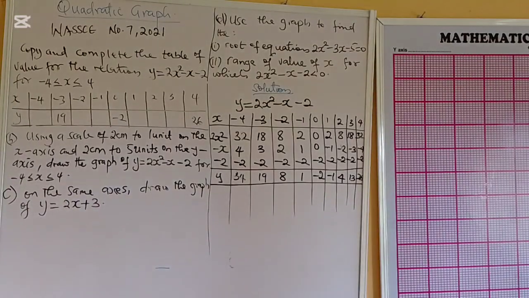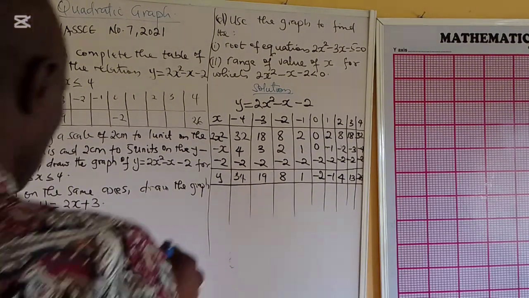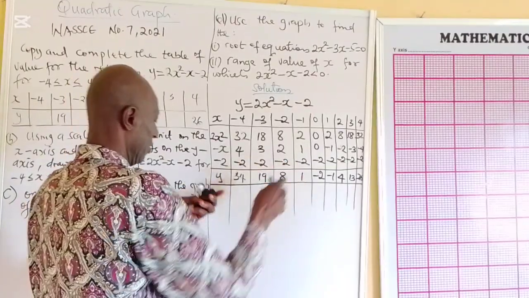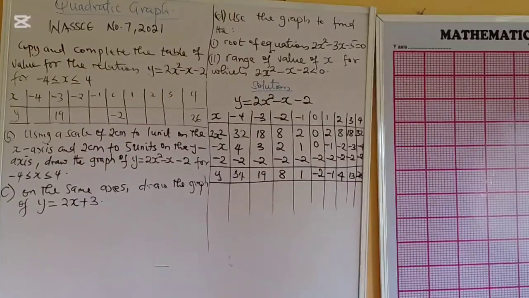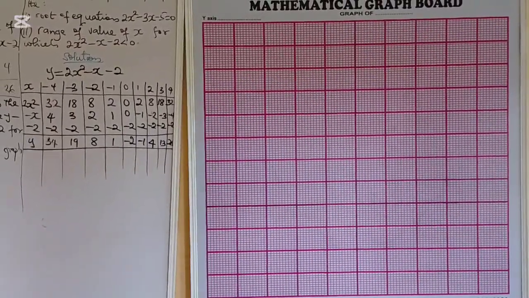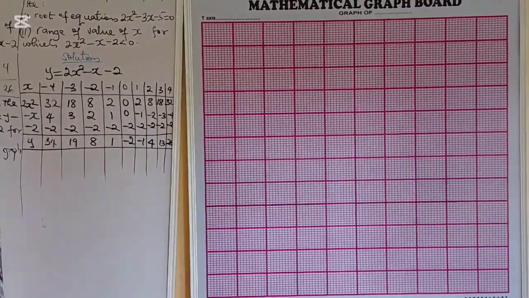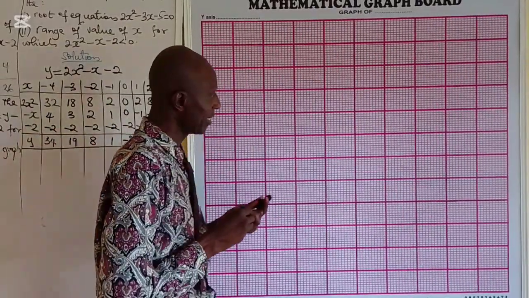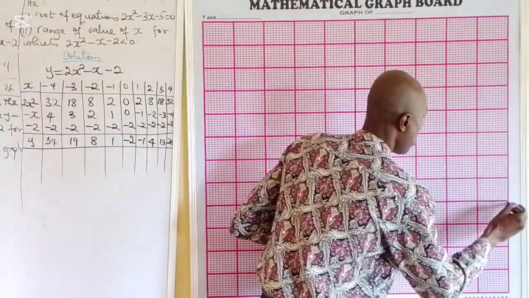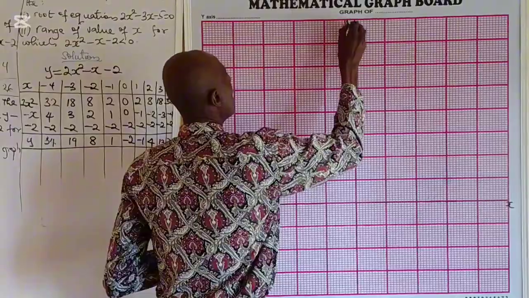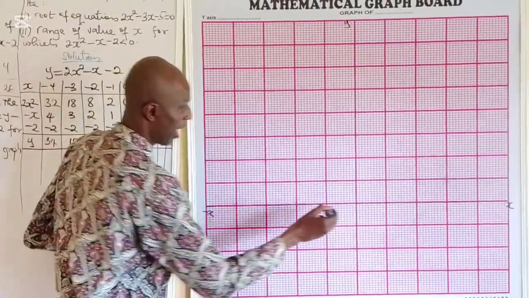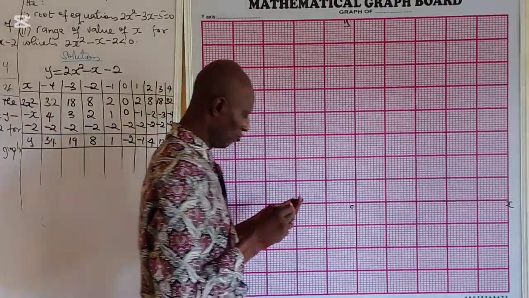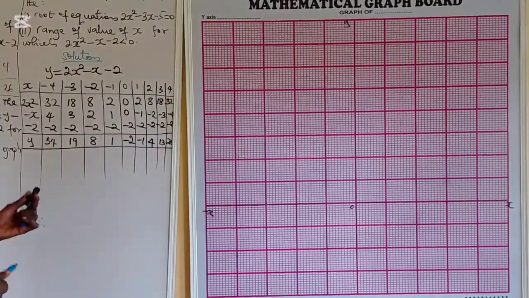So now our duty is to plot the graph. We are going to use this table to plot the graph. Now we are taking the scale. On the x-axis, look at my x here, and my y here. Here is minus x, this down is minus y, and this is the 0 point. So 2 centimeters represent 1 unit on the x-axis.